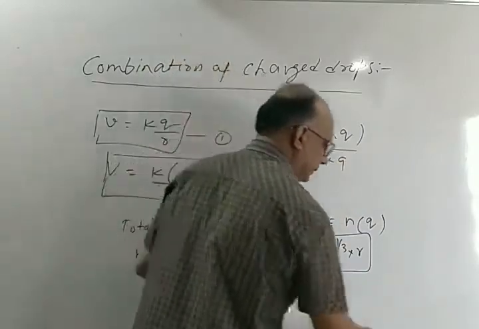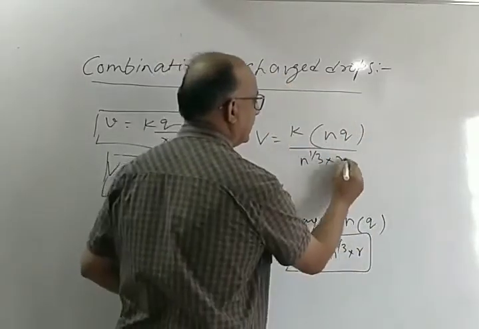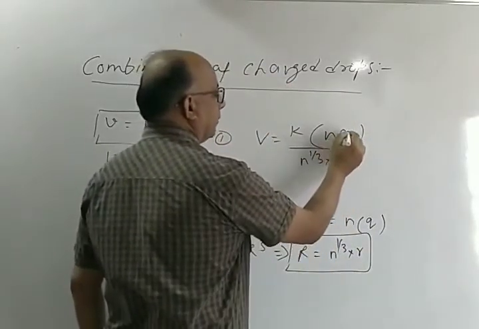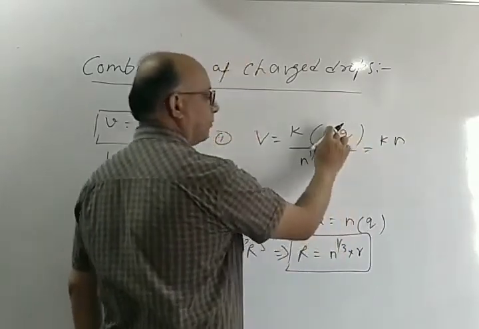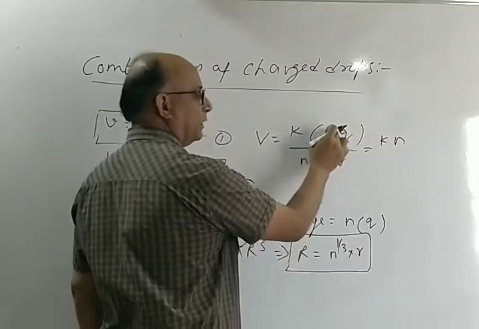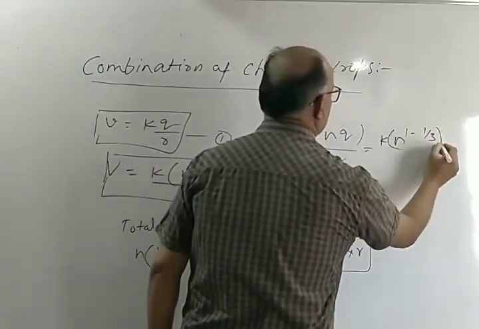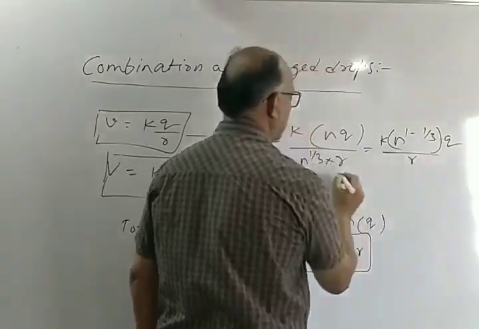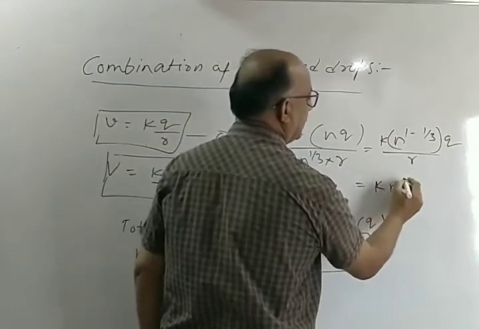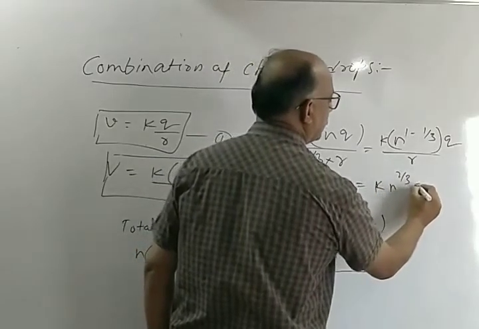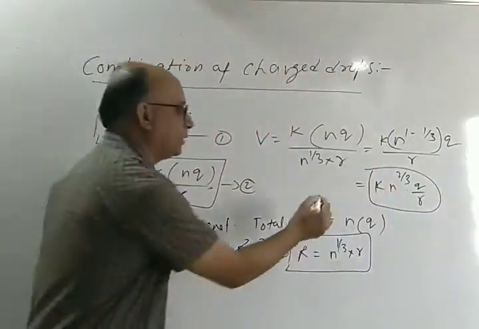So k, this is n to the power 1, and this is 1 by 3. So if you go here, this is 1 minus 1 by 3 into q upon r. So basically this is k n to the power 2 by 3 into q by r. This is the expression for the electric potential of the bigger drop.